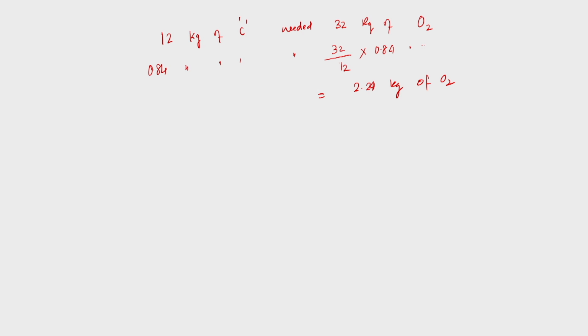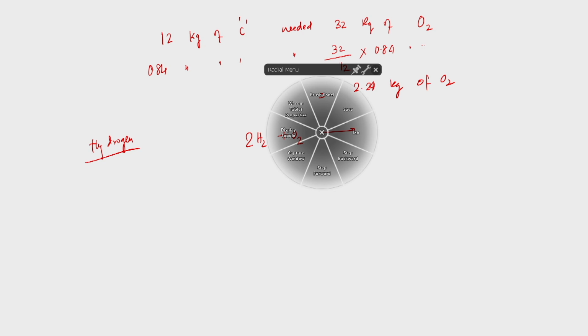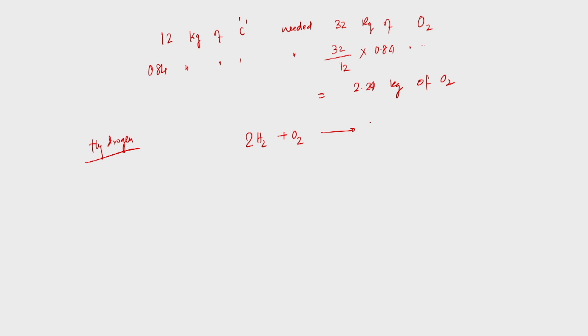Similarly, if I write the reaction for hydrogen, twice H2 plus O2 gives twice H2O. That means 4 plus 32 gives 36.